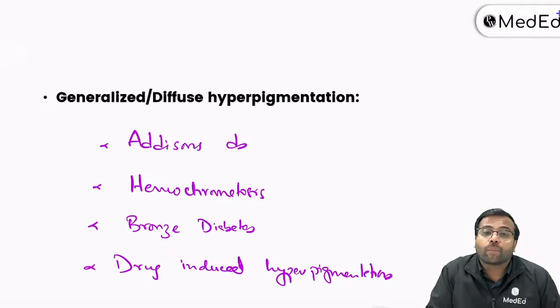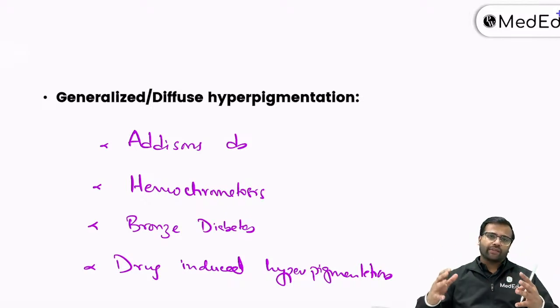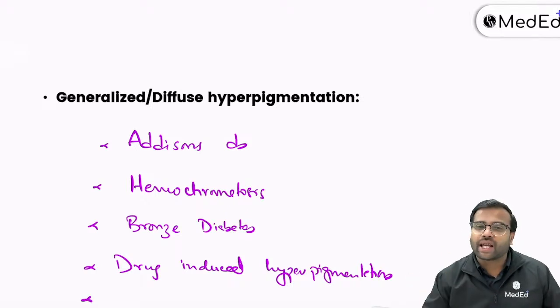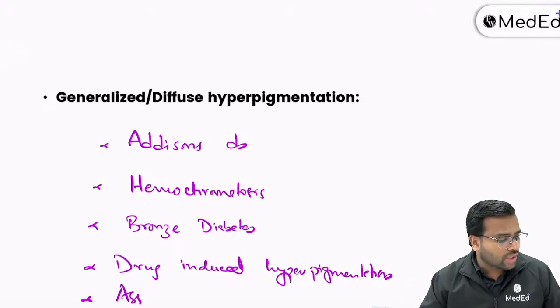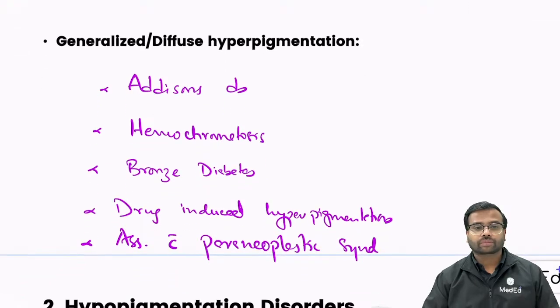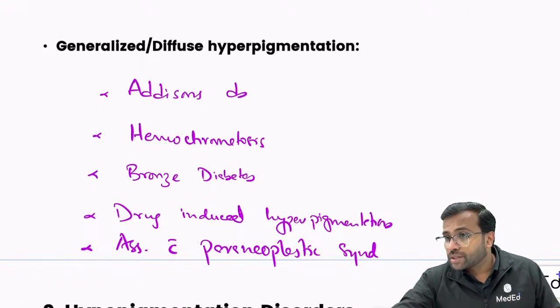Whenever there is some disease that is associated with a malignancy, and when they come to us, again there would be a generalized hyperpigmentation which is associated with paraneoplastic syndrome. So all these are going to be the differential diagnoses.